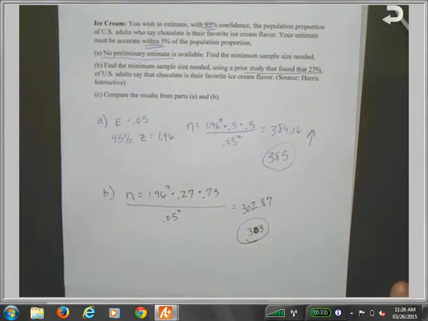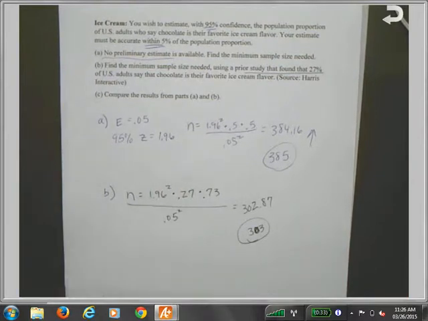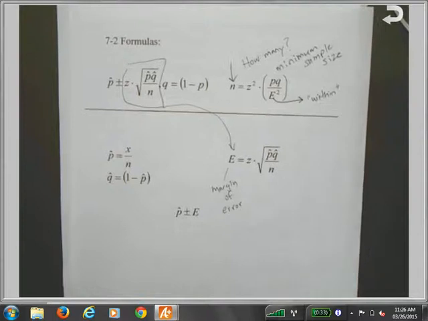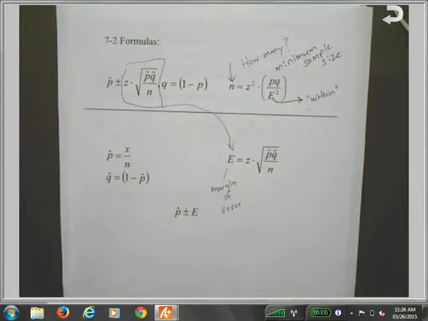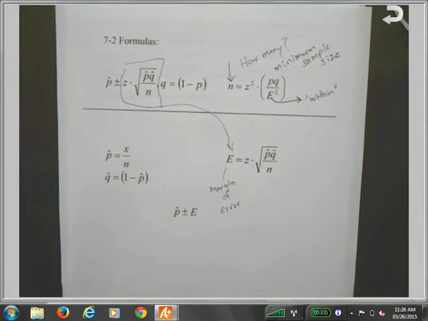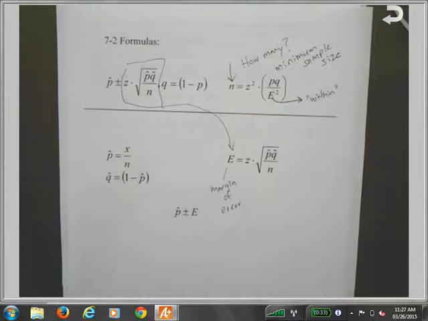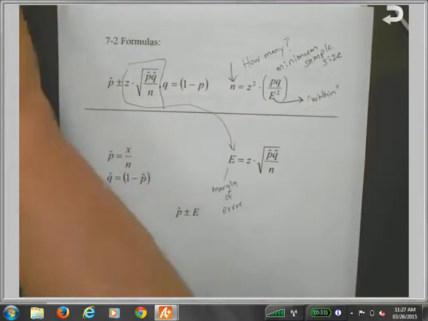Okay, so in review, we have these formulas that we are using in this section to find a confidence interval for the proportion and how many when we are solving for the sample size. So these formulas come from the top of your reference sheet.